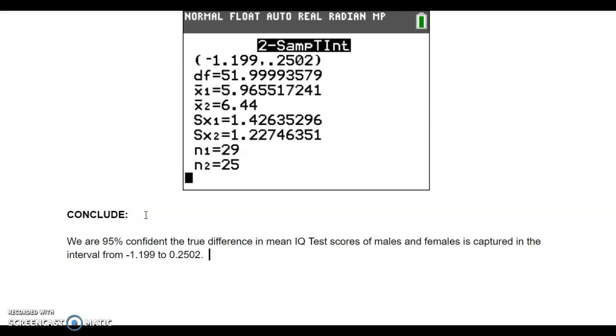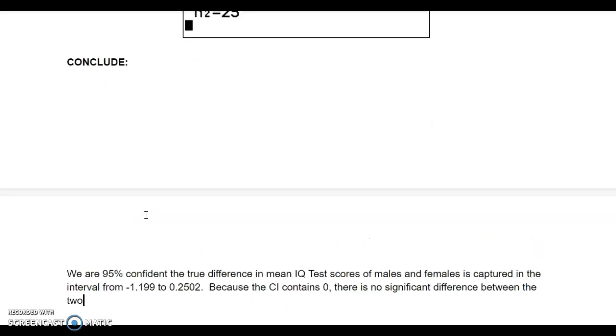You don't have to include this, but like I said, we'll see in the next lesson, because the confidence interval contains 0, there is no significant difference between the 2 mean scores at the 0.05 significance level. I don't know if at 10%, I don't think it's going to shift all that much, but we might just miss 0 with a smaller confidence interval.